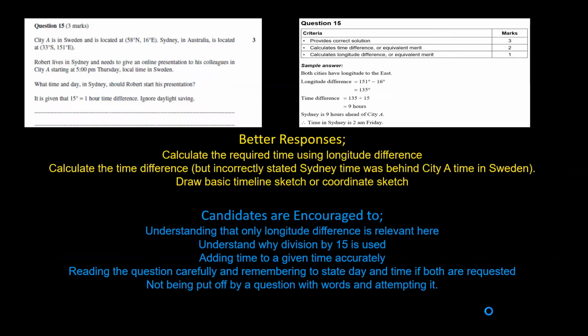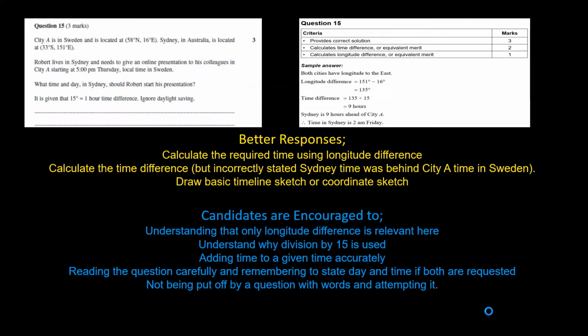So effectively what we're trying to do is encourage that a student might not have success in getting 3 out of 3, but they're doing 1, 2 or 3 steps to get some marks out of 3. And lastly, a huge amount of candidates subtracted the 9 hours from Sweden and went the wrong way.